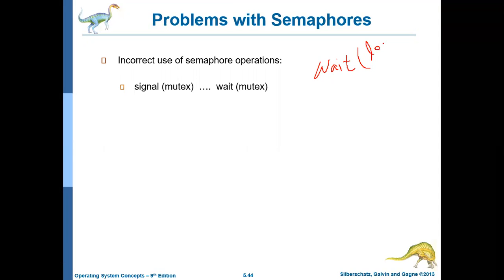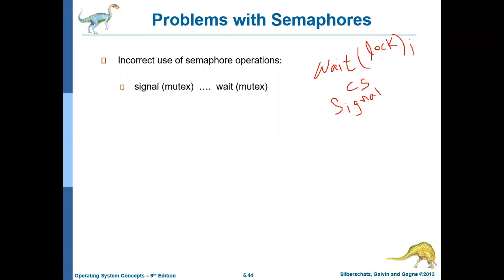As long as the lock is not available, it will keep waiting. If the lock is available, then it will enter the critical section. Once its job in the critical section is completed, it should call signal. So this is the actual flow of a semaphore if it is programmed correctly.